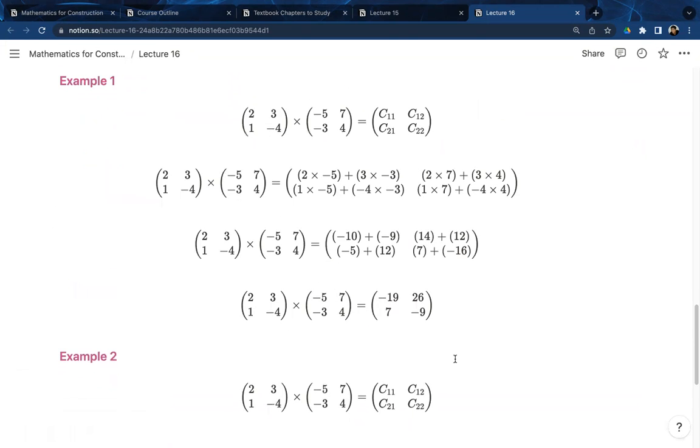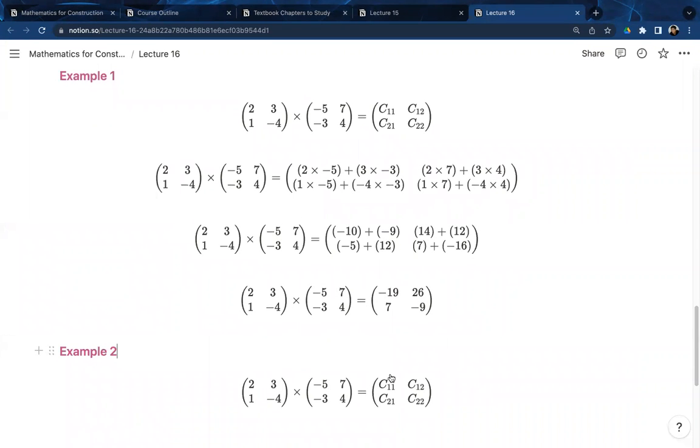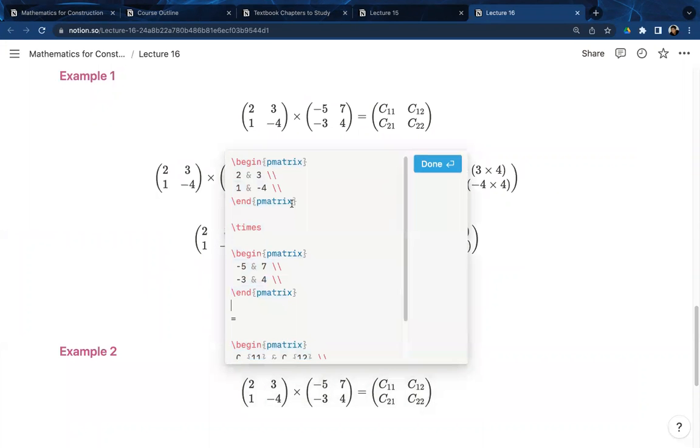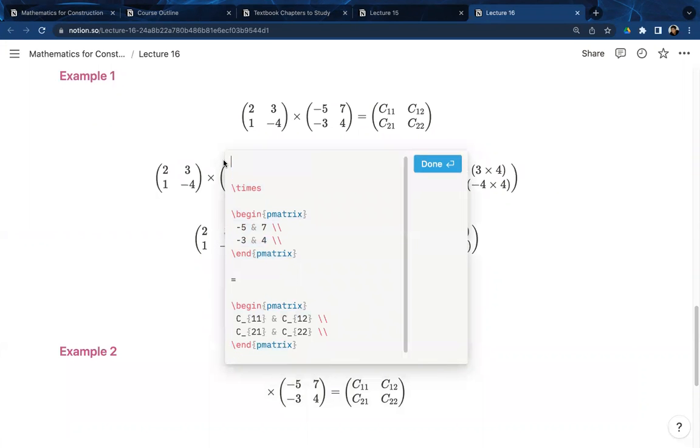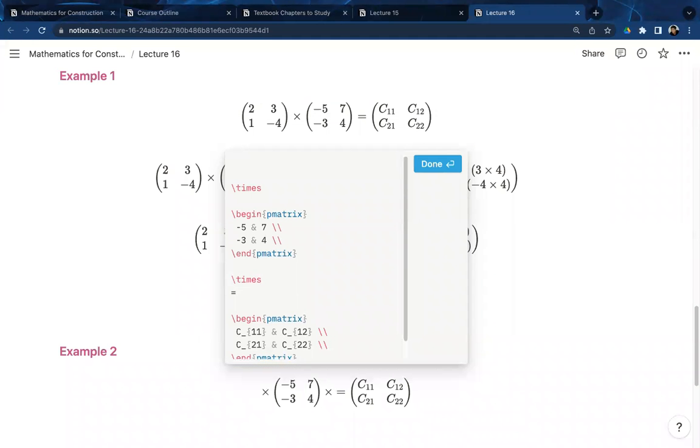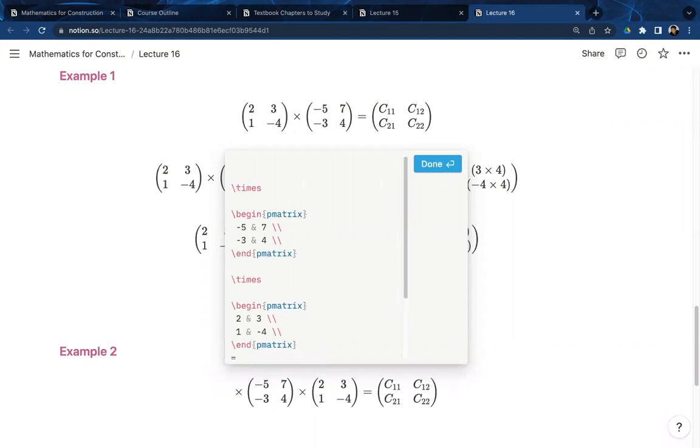Now, this is what I want to do here, just to show you and give you some practice. How about we reverse this? How about we say, I want, just to give you all some practice, right?